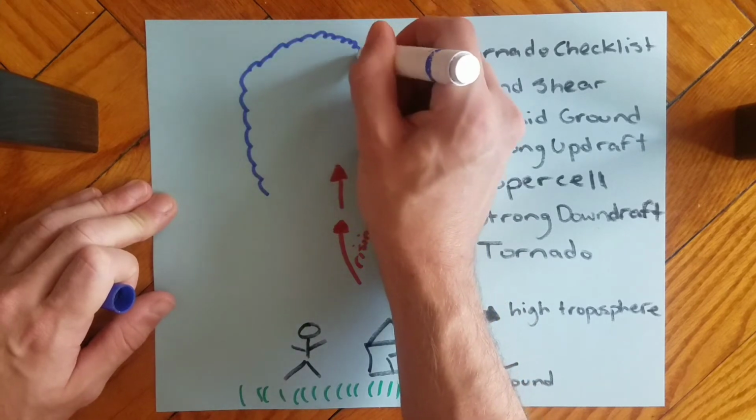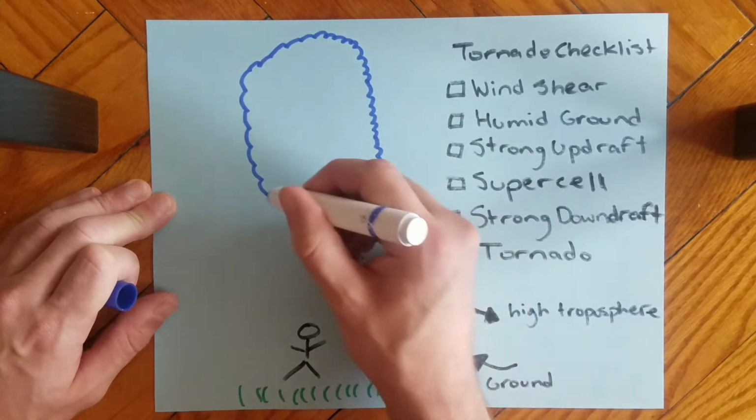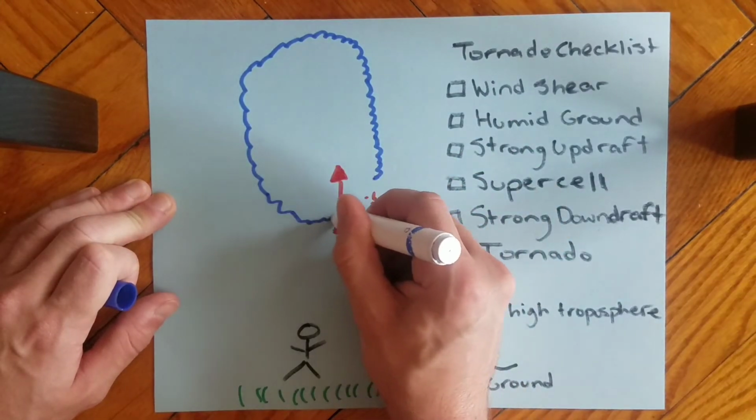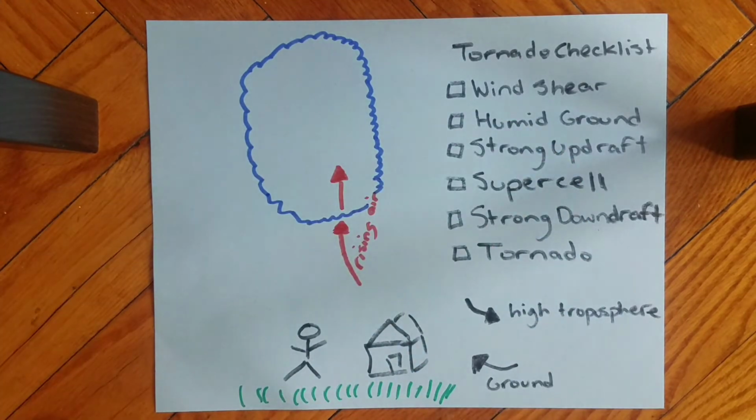Those cumulonimbus clouds are really strong, powerful thunderstorms that are very big, dark, but also very tall. That's what's really characteristic about the cumulonimbus cloud.